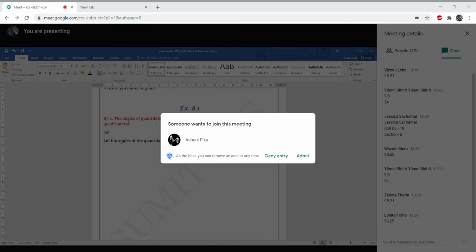Then, as per the question, we know that the sum of all the angles of a quadrilateral is 360 degrees.